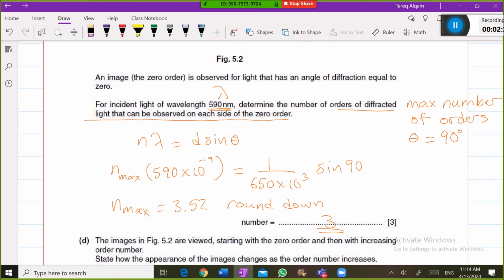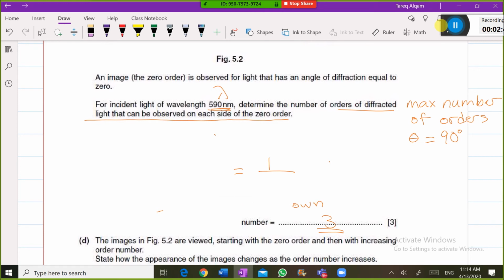Now, an image is observed for light that has an angle of diffraction equal to 0, which is the 0 order, right?